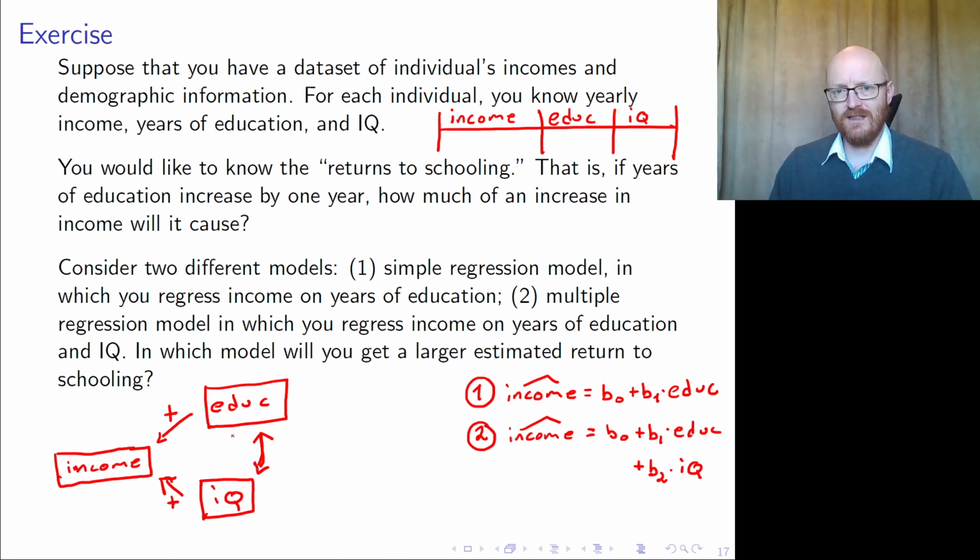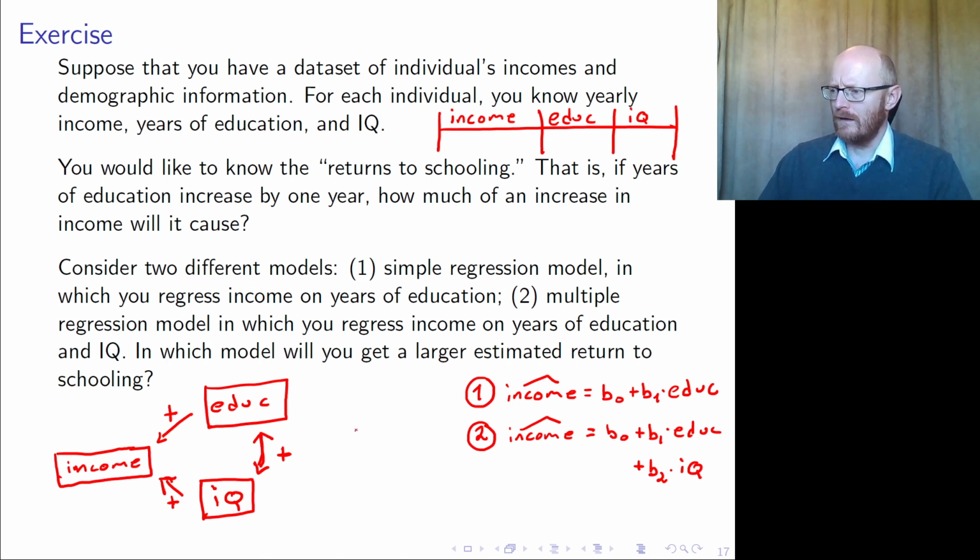Because the more you read, the more exercise your brain gets, and the smarter you process information, or the faster you process information, the easier it will be for you to read. So if this is a positive relationship, then what would the effect be of omitting the IQ variable on education?